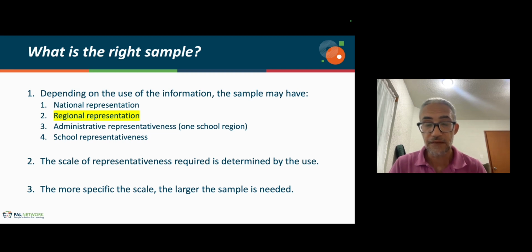And the third important point is the more specific the scale, the larger the sample needed. In terms of logistics, you need to ask what are the trade-offs of choosing a huge sample or a small sample.